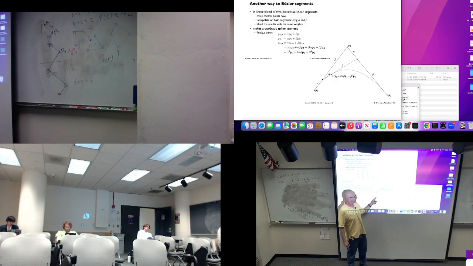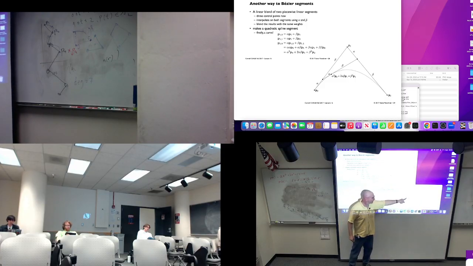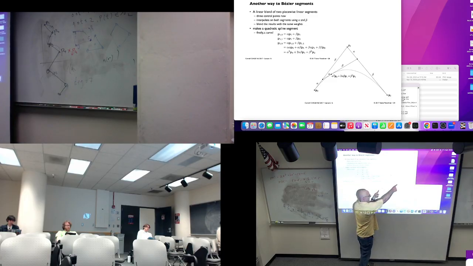I'll look at the first segment, split it in ratio of t and 1 minus t, just half and half. That will be one point. I look at the second segment, split it in a ratio of half and 1 minus half. The alpha and 1 minus alpha, it's half and half. Put the middle of these two original segments.